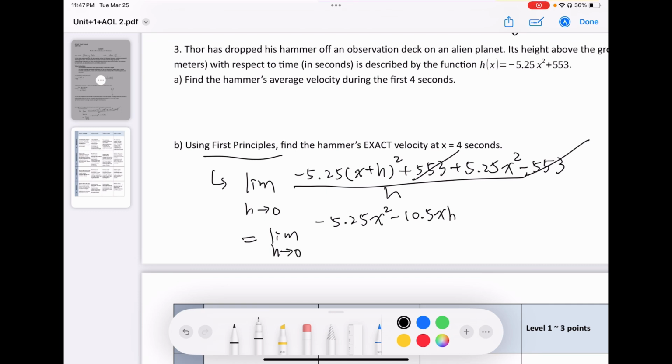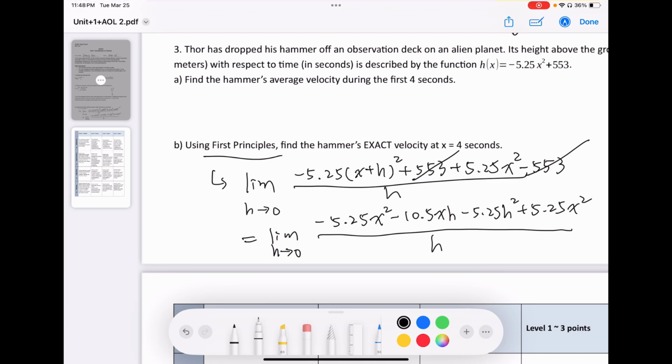Is that right? Yeah, that's right. And then minus 5.25 x squared, and then plus 5.25 x squared, over h.